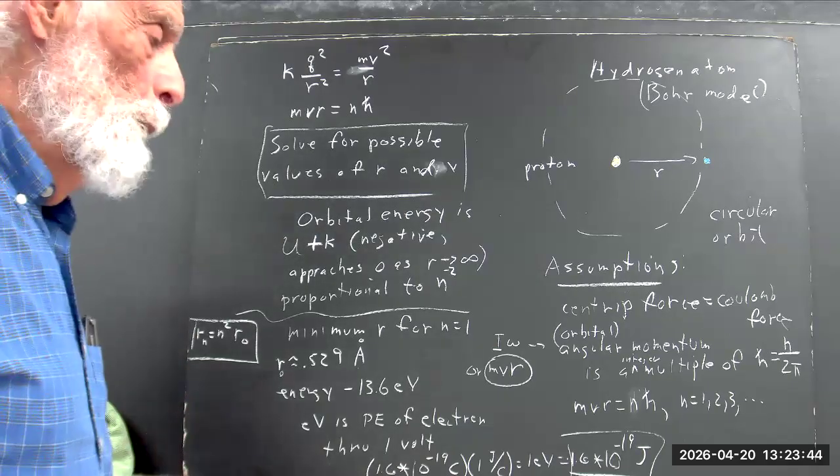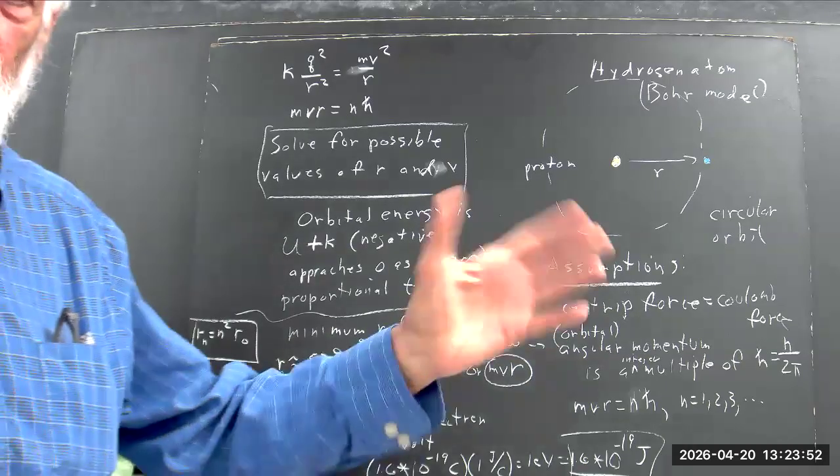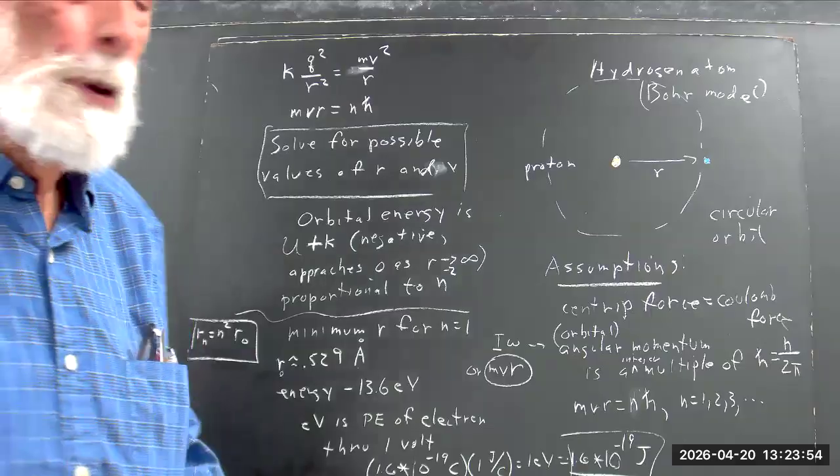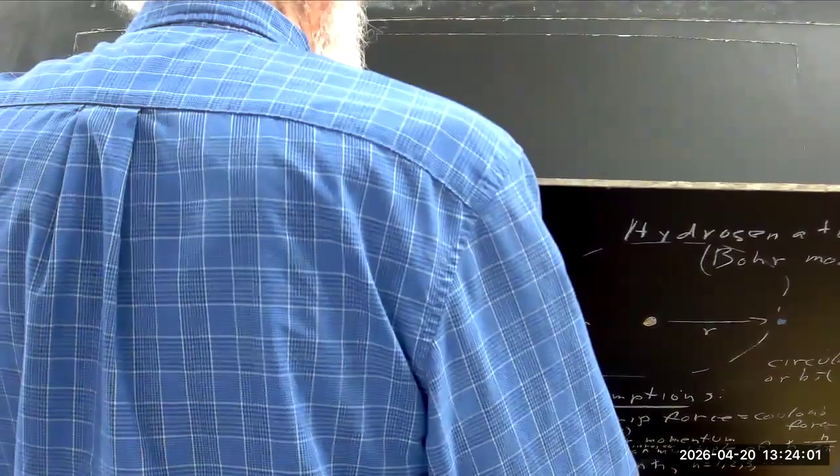Now, what does this have to do with waves? In the first place, quantum mechanics is basically about quantum waves, or probability waves, probabilities of finding things at different points. But here's what it has to do with orbits of hydrogen.